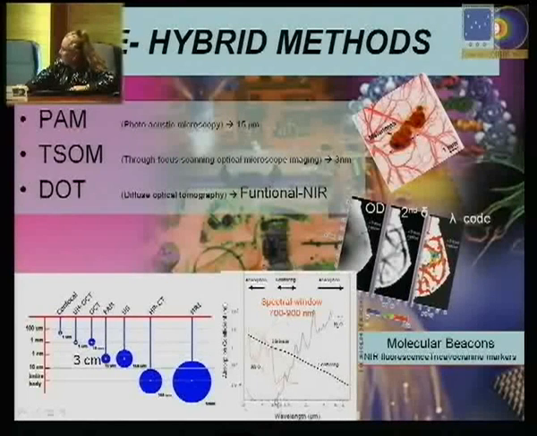The spectral window is from 700 to 900 nanometers wavelength, and is a window where the hemoglobin almost does not scatter, the water also does not interfere, and the tissue scattering is at the middle point.